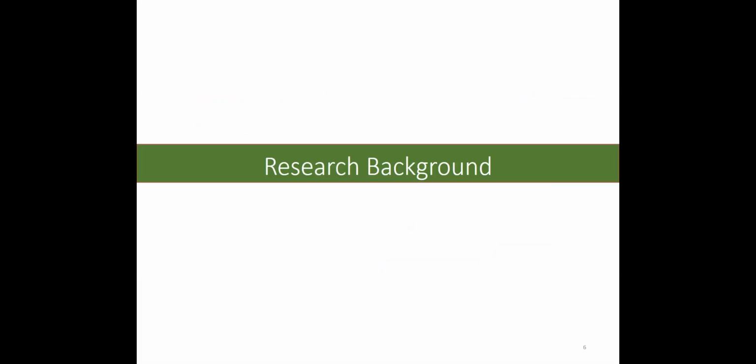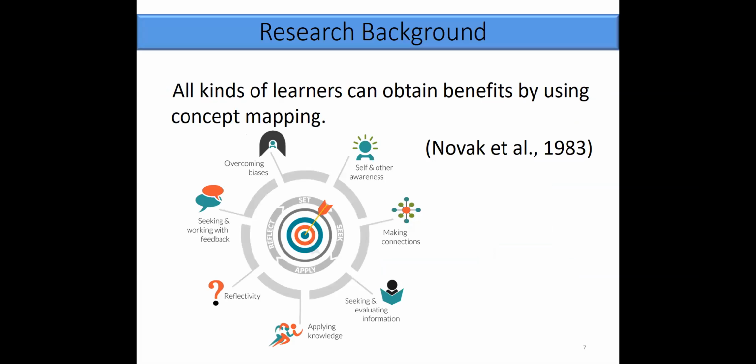So I will come to the next part, the research background. So here, as we can see, all kinds of learners can benefit a lot by using the concept mapping. When adopting concept mapping in reading, the learner will have to learn to confirm the concept of the topic, working from each character to words, sentences, paragraphs, and to arrange a concept around the main concept.